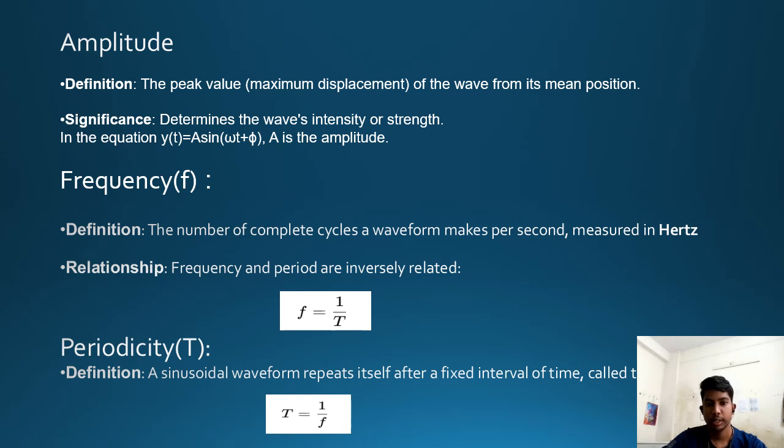The formula for frequency is f is equal to 1 by T. Periodicity is the time taken for one complete cycle of the wave, and the formula for the time period is T is equal to 1 by f, and it is measured in seconds.